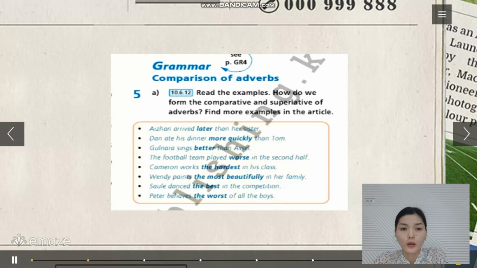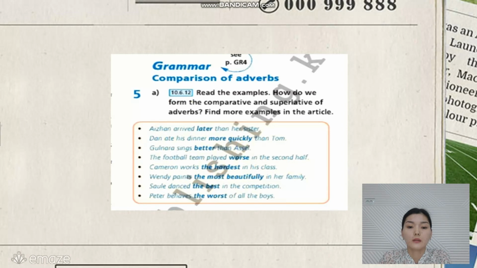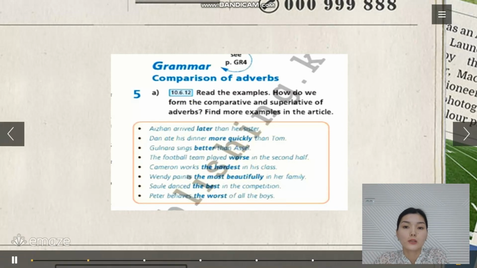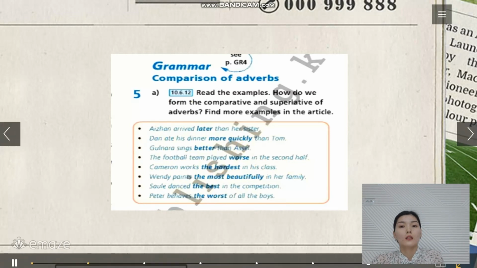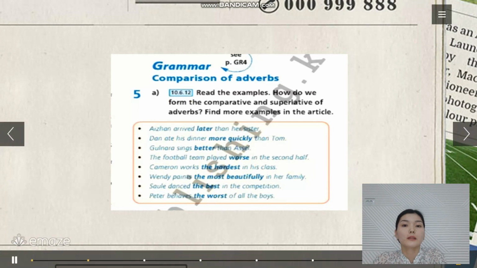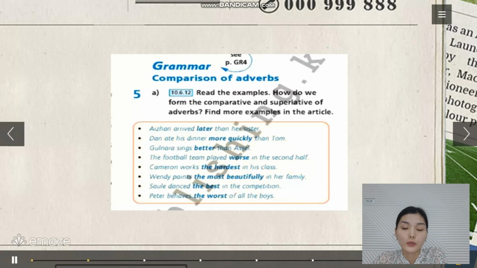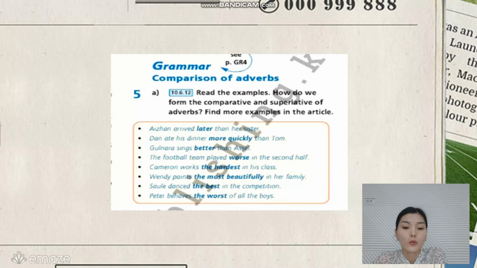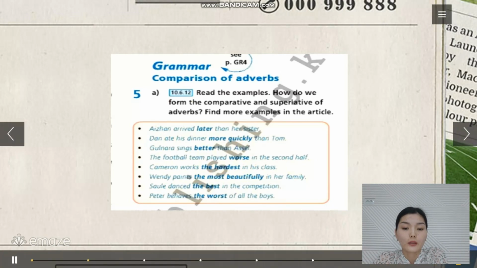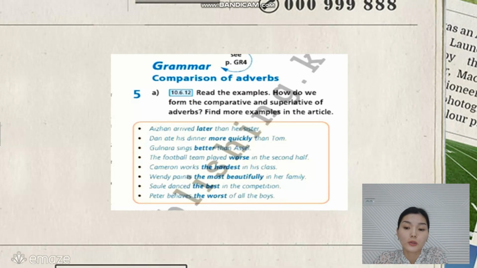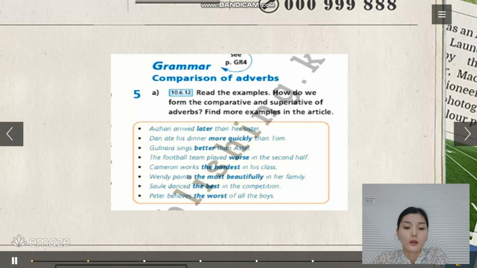It's a comparative form. The next, Dan ate his dinner more quickly than Tom. Gulnara sings better than Asil. So all these 4 sentences use the comparative form of adverbs. What about superlative? The last 4 sentences are the superlative form of adverbs.